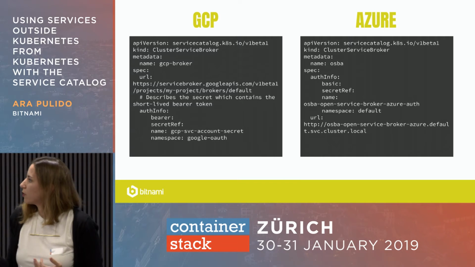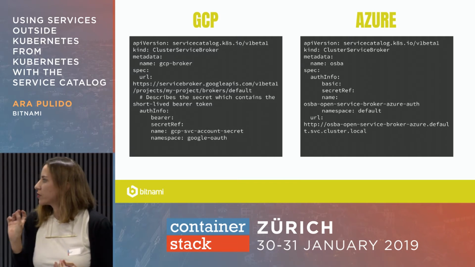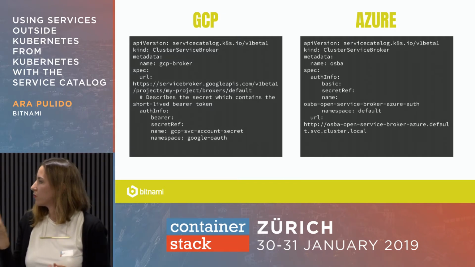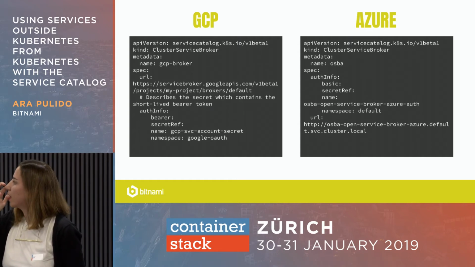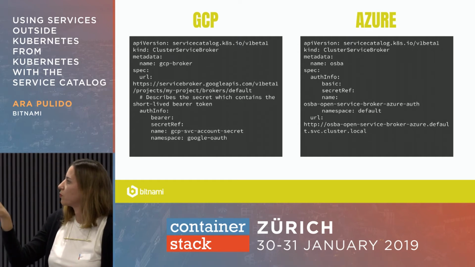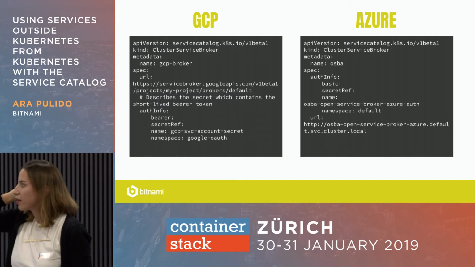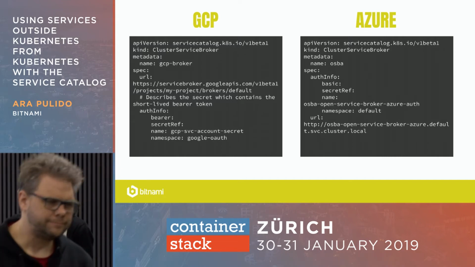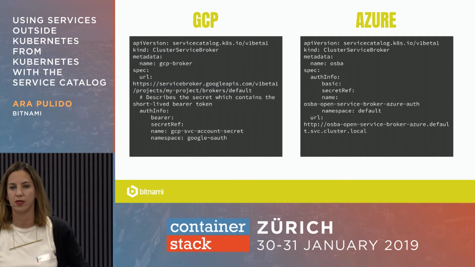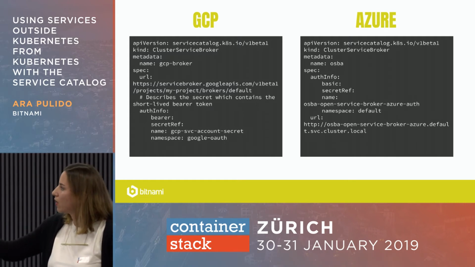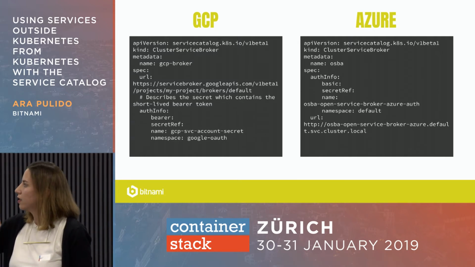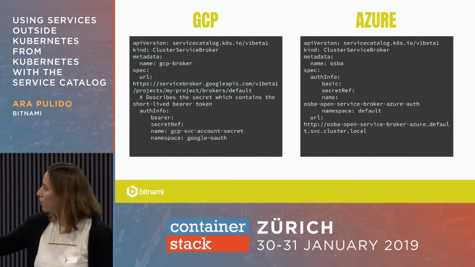Just to put a couple of examples of how different implementations follow the same spec before we move to the demo. These are the cluster service broker objects for Azure and GCP. And you can see that it looks like a Kubernetes object, like everything. It has an API version. It has a kind. It has a metadata with a name that is mandatory.